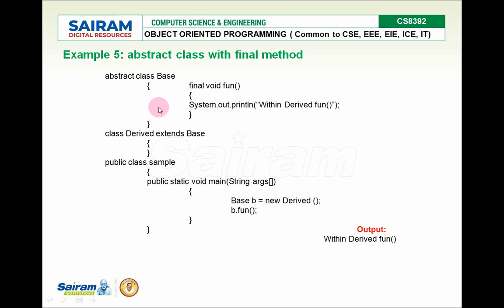An abstract method is always redefined in the subclass. So a final method is the opposite of an abstract method. It is never redefined in the subclass. It is never allowed to change the definition in the subclass. So if you put final, redefining or overriding is prevented, which means you cannot change the definition.